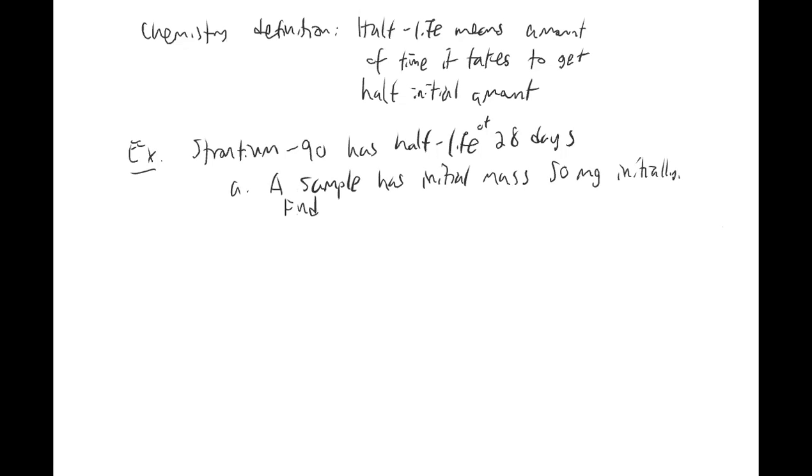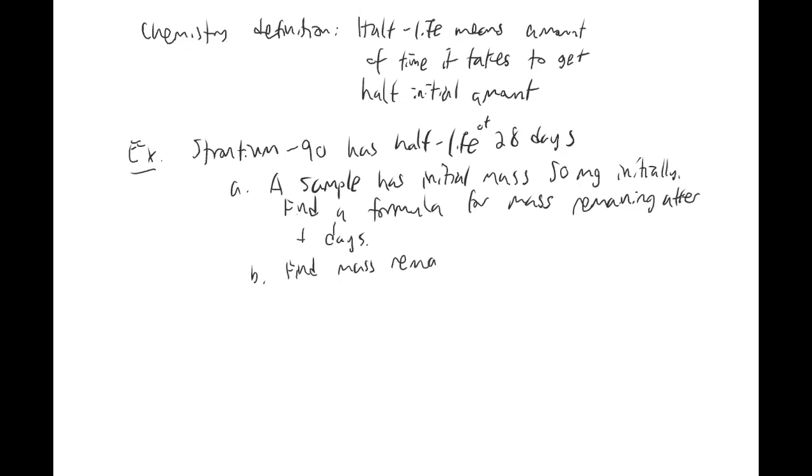So it's basically find A of t with K and the initial amount solved. I'll be erasing because I want to keep the same page. Just so we're all clear. And then find the mass remaining after 40 days.